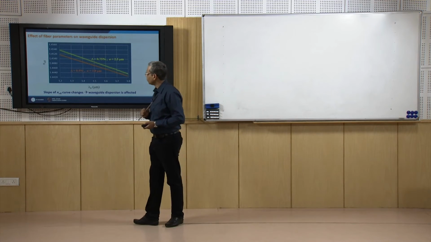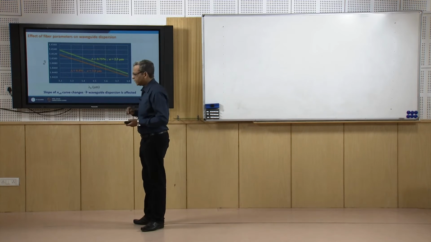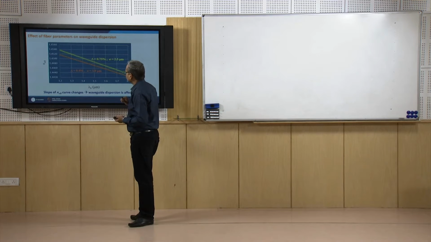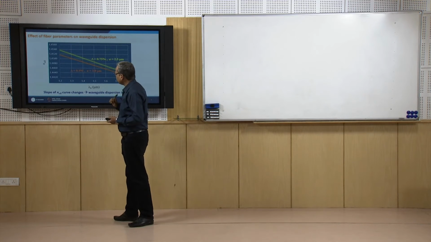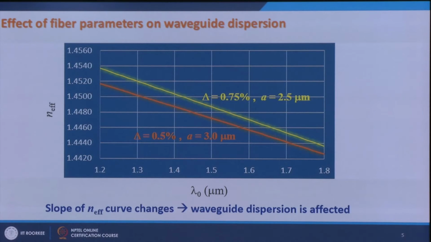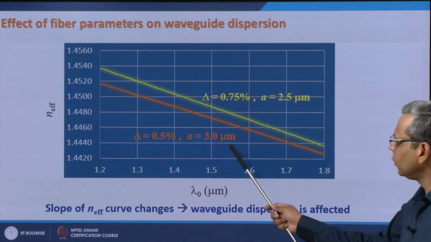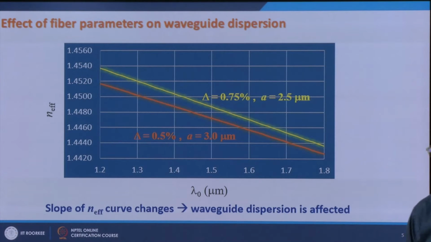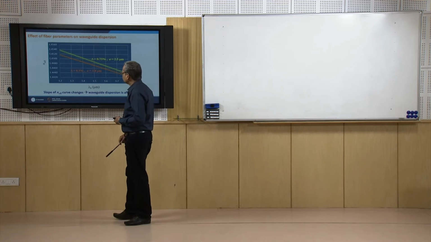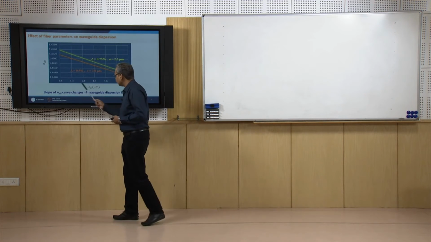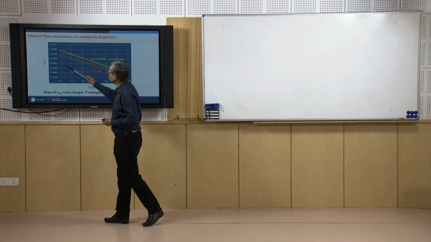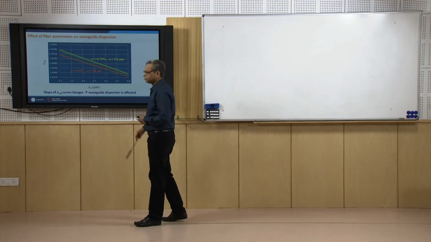In order to show this, I have taken several examples. One of the examples is that I take a fiber with delta equal to 0.5% and A equal to 3 micrometer. And now if I calculate the effective index of the mode at different wavelengths and plot it, then the effective index varies something like this.